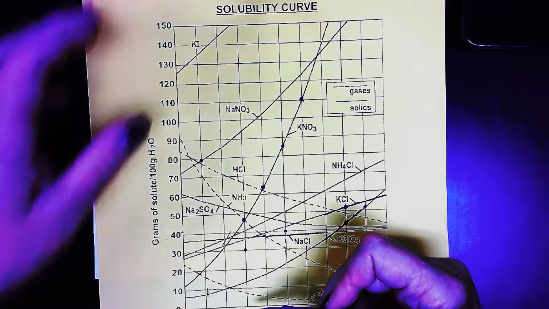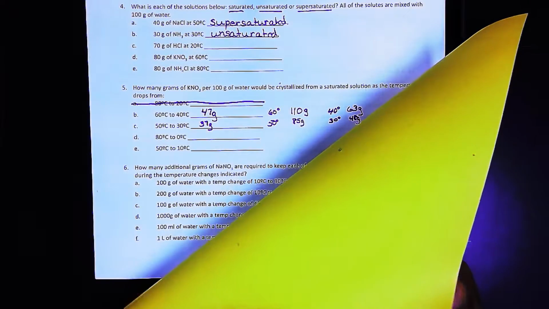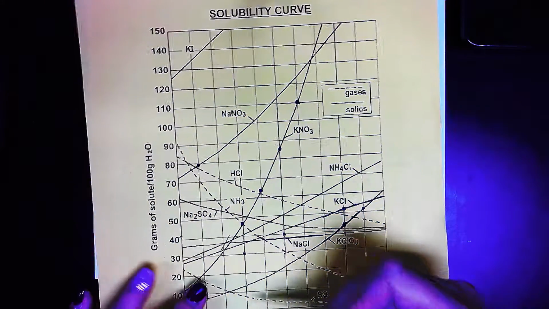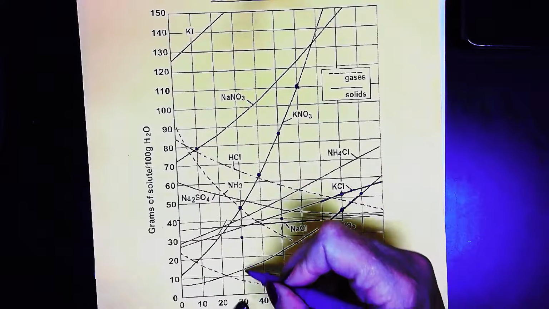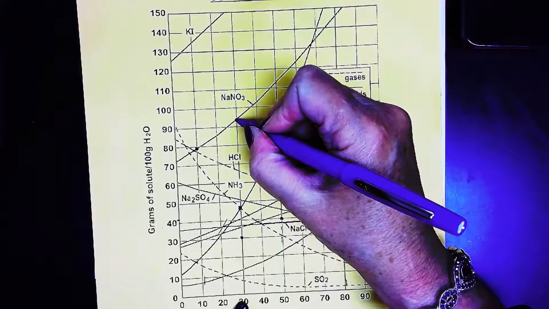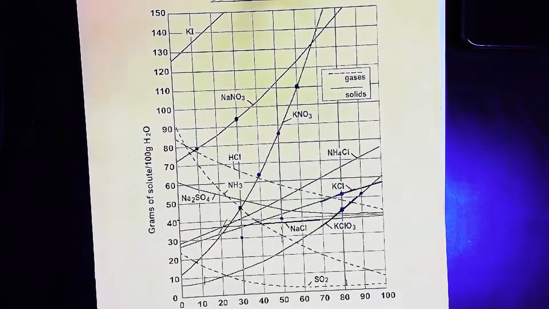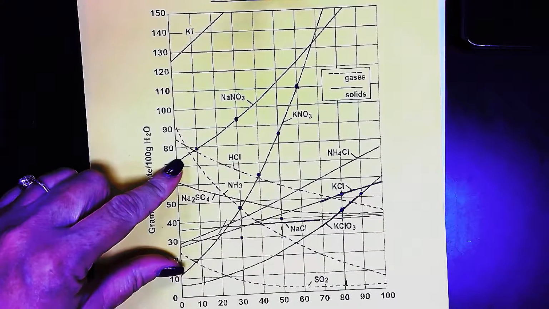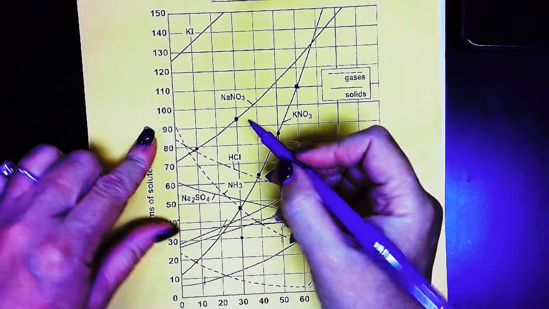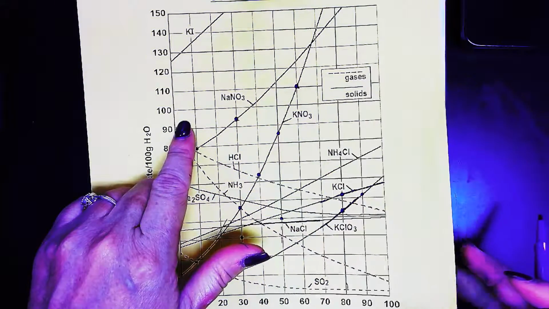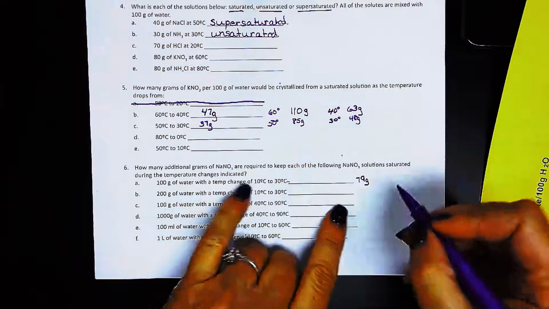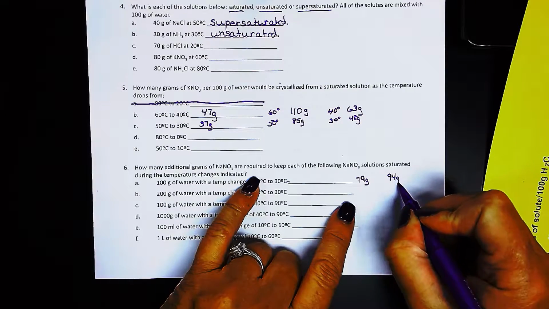So if we go up to 30 degrees and we find NaNO3, what this is saying is if we wanted to keep this solution saturated, so we want to have exactly as much solute in it as it can possibly hold, it would take, let's see, I'm going to say 94 grams to keep it saturated, okay?